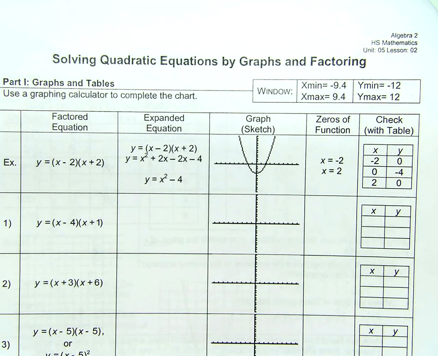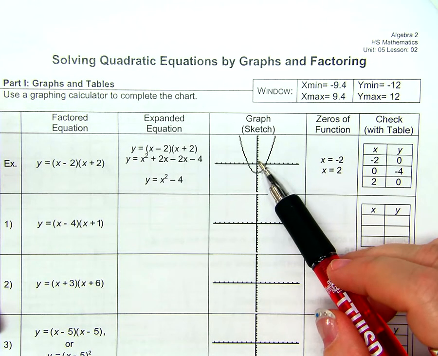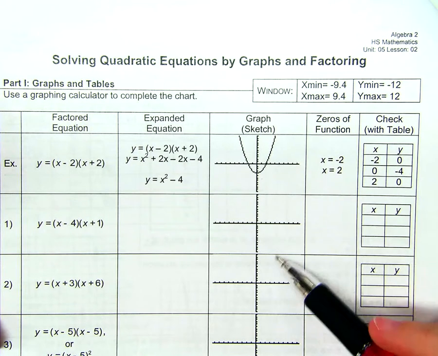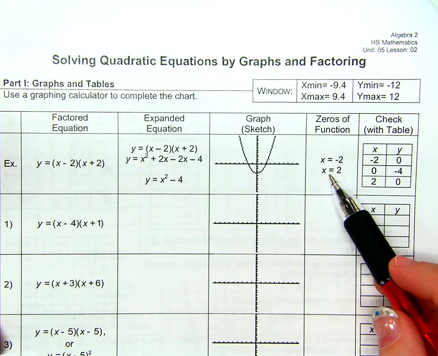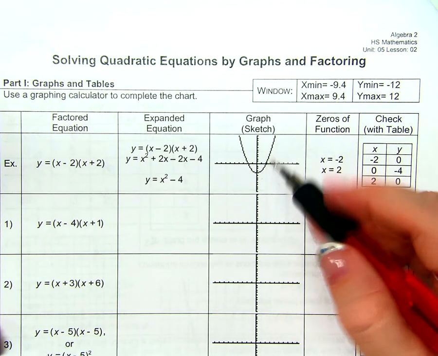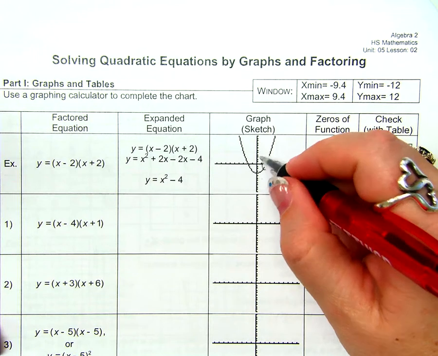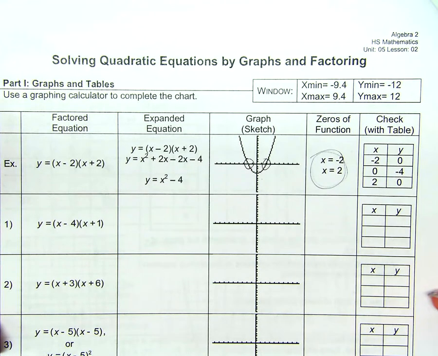They multiplied it out, right? Then they sketched a graph. Where did the graph come from? Probably the graphing calculator. The zeros of the function, where did that come from? From the graphing calculator. And where are we going to look for these? The x-intercepts. And then we check with the table.